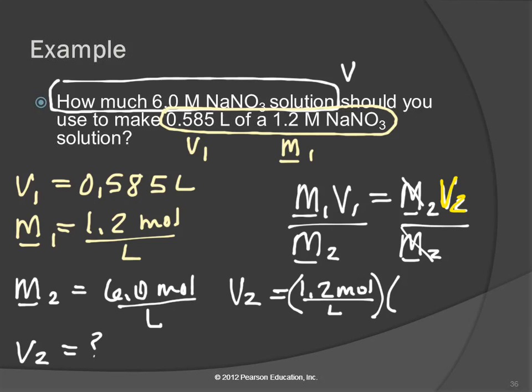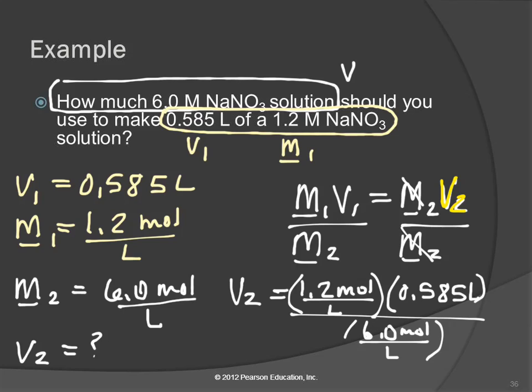Did I say molarity 2? I don't know what I said. It's molarity 1, whatever I said earlier. Times 0.585 liters, and that's all divided by the other molarity, which is 6.0 moles per liter.